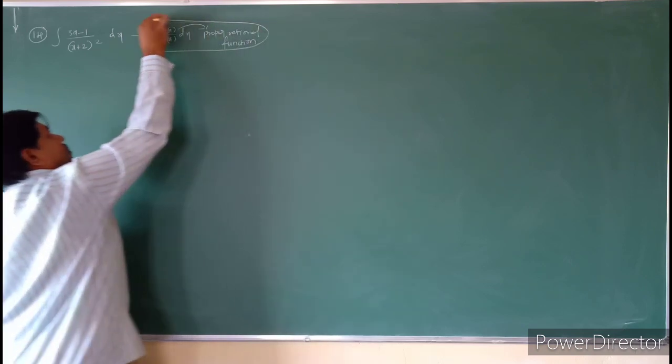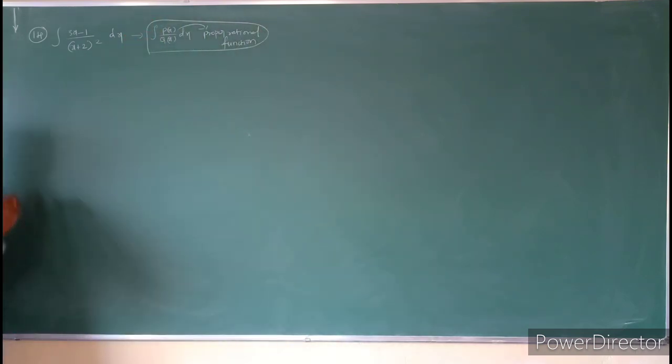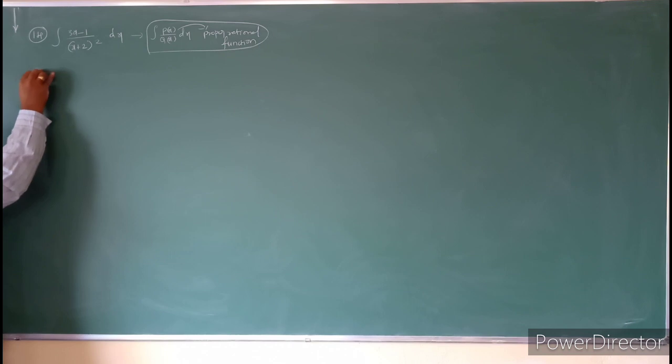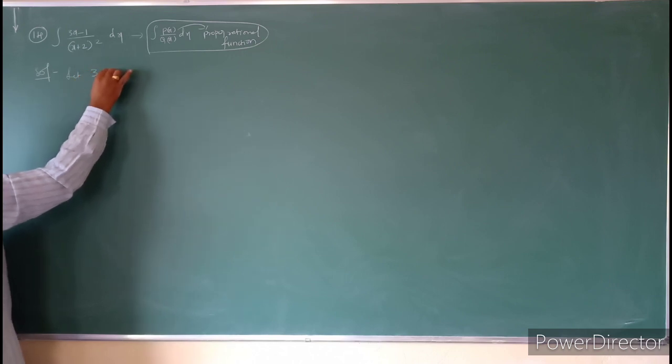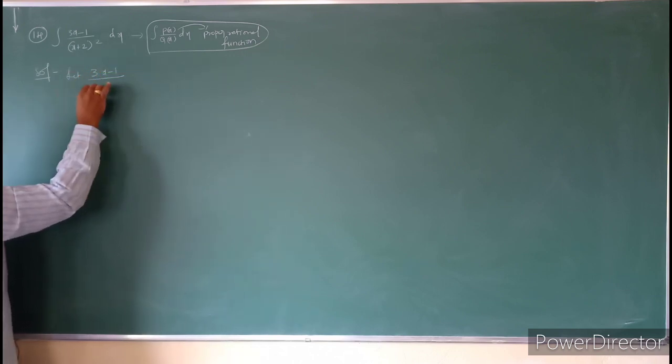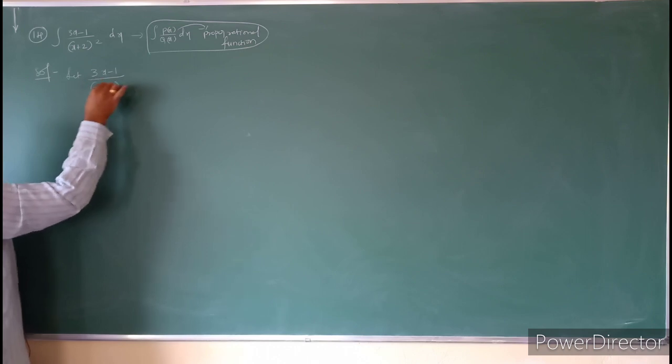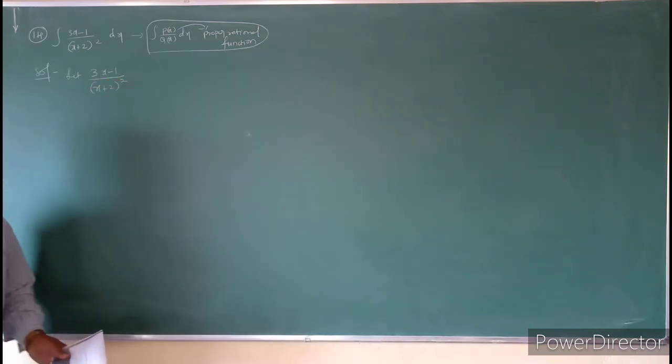So you can take the partial fraction directly for this question. Let (3x minus 1) by (x plus 2) whole square be decomposed, so you have to take the partial fractions.